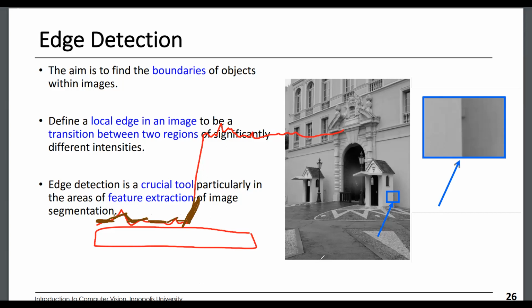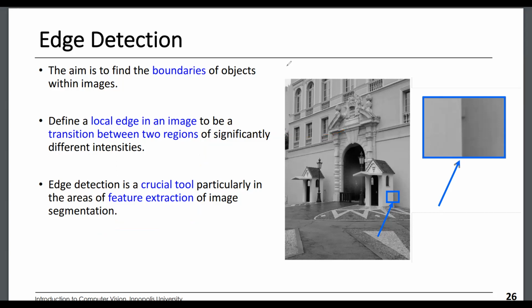Because usually the gradient is, what is it called, perpendicular or something like that. I don't know how to say this in English. You understood, you know gradients, I hope.